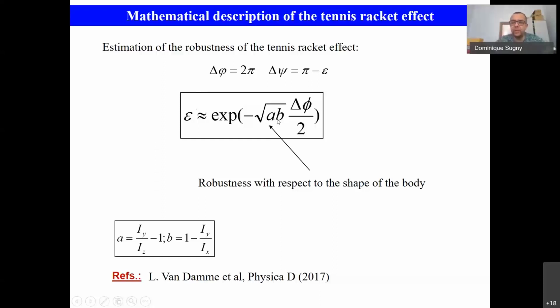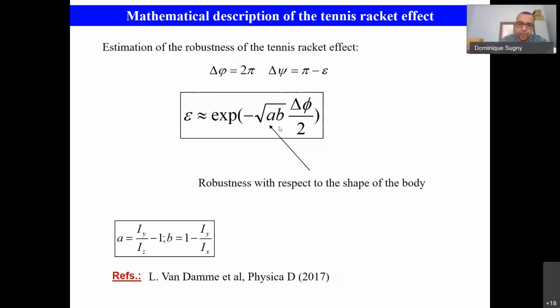I recall that A and B are two parameters which describe the shape of a body, and delta phi. For delta phi equal to 2 pi, here we have just pi, and we see that when we have a very asymmetric rigid body, when the product AB goes to plus infinity, then this term goes to 0, and we observe a perfect tennis racket effect.